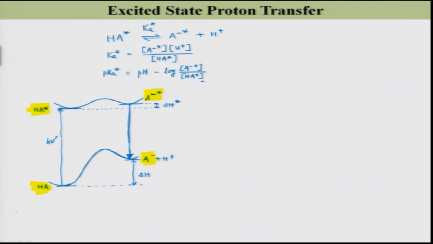Now, from this diagram I can easily write two things. One is delta H star plus H nu prime, and that also has to be multiplied by the Avogadro number.